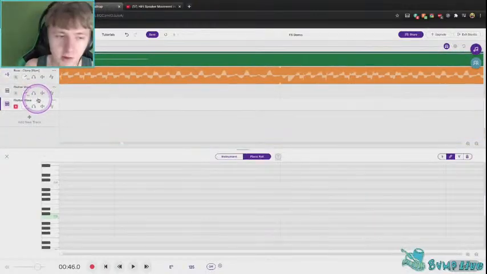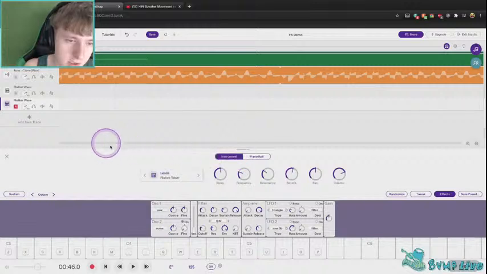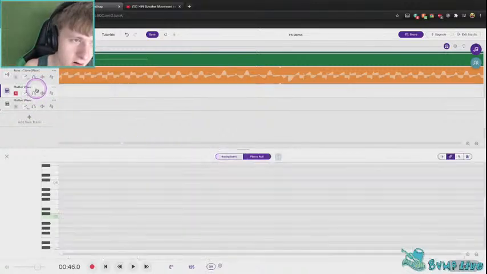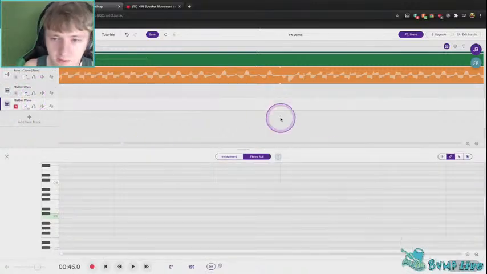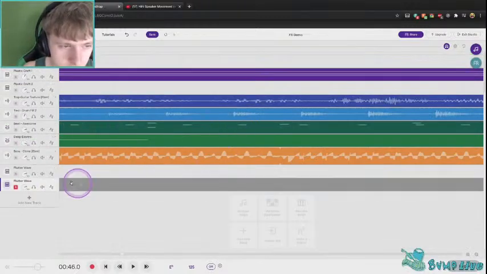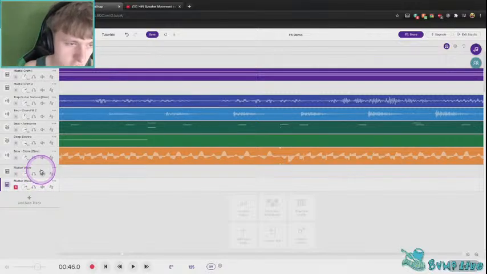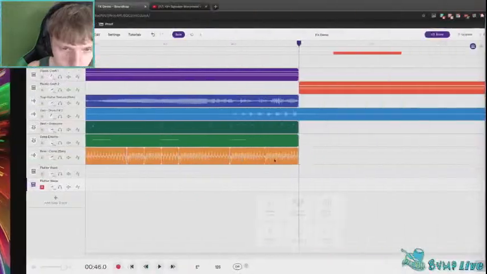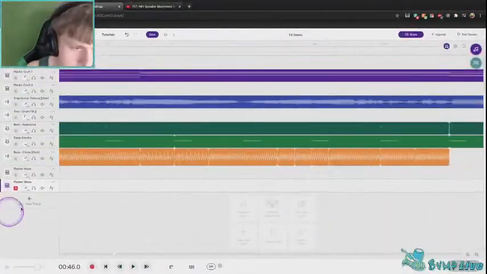I may have already gone through this, but I'm going to quickly again. So you load up Flutter Wave, the default synthesizer patch. Let's do it from scratch. I don't think there's anything on these two tracks, okay, I can remove these.